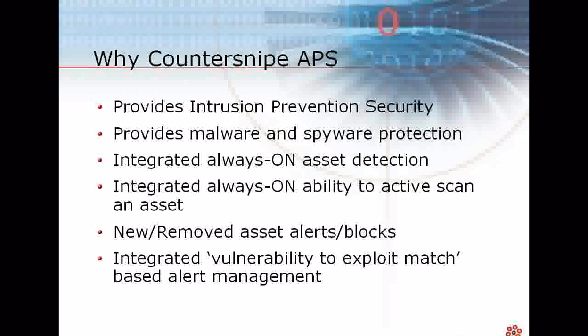This way you can probe all of the open ports on that machine to see what this machine is doing on your network. And we also have new or removed asset alerts. If there's a new asset, you get an email alert, or if it's one that was there and someone stole it or removed it and it's against your company policy, you get an alert on that.